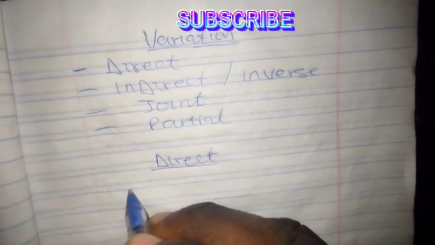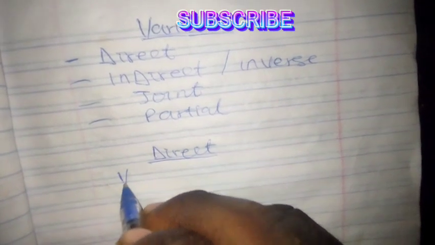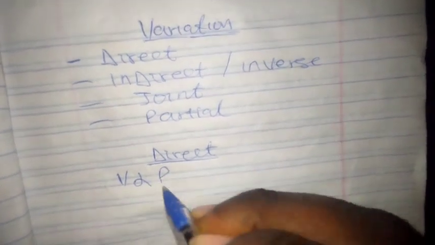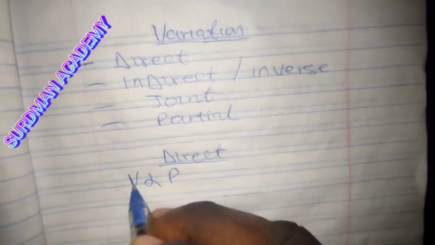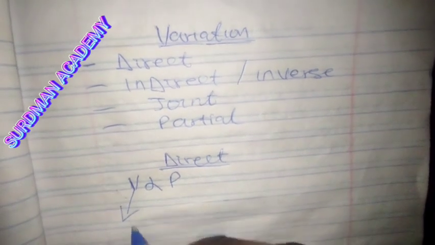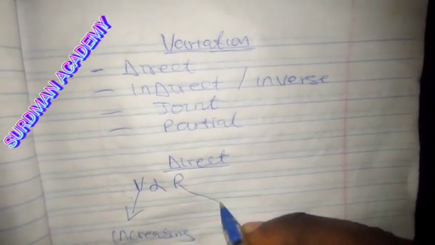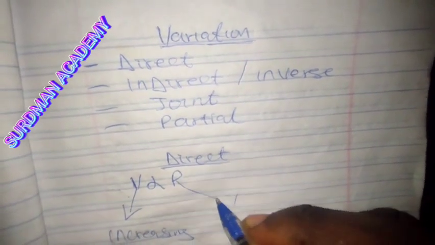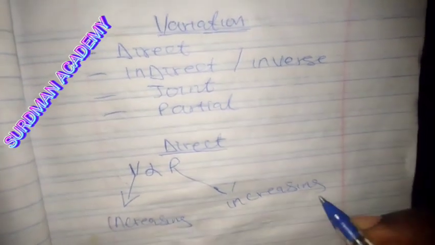So let's say we have something like V varies directly as P. What does it mean? It simply means as V is increasing, P is also increasing. Both of them are increasing at the same time.